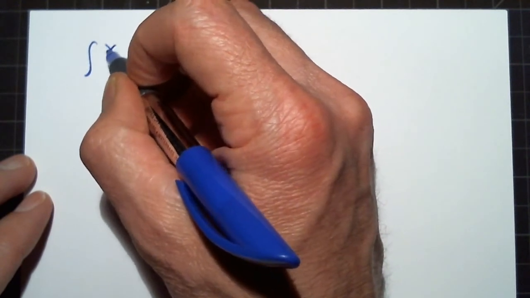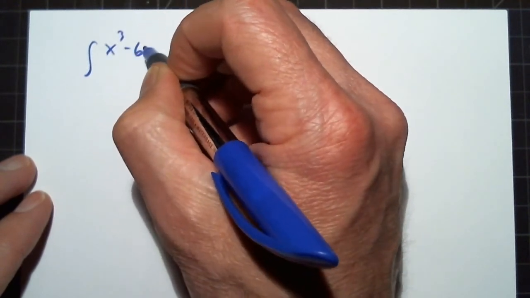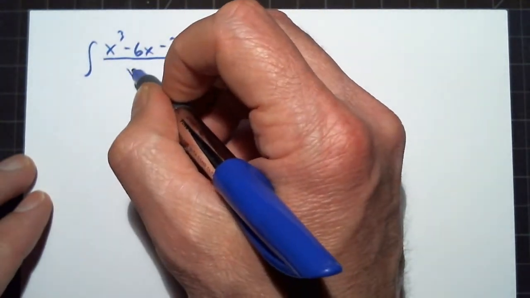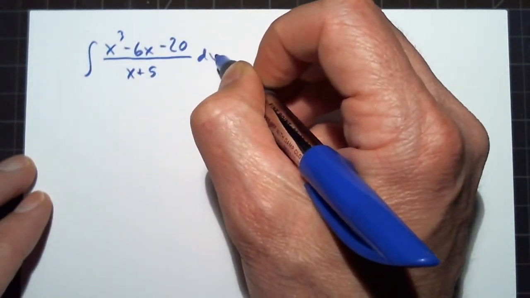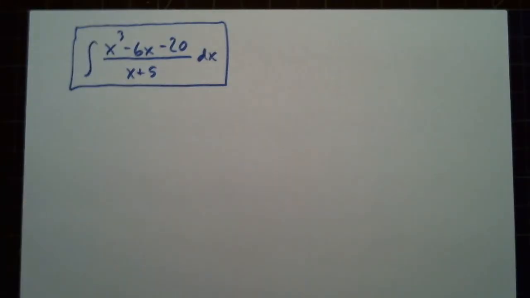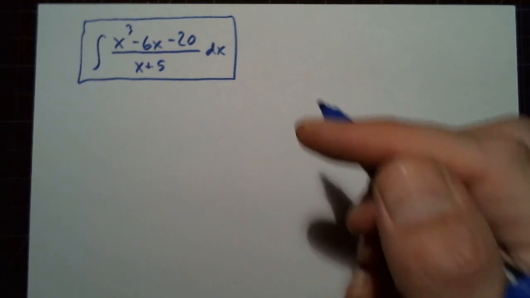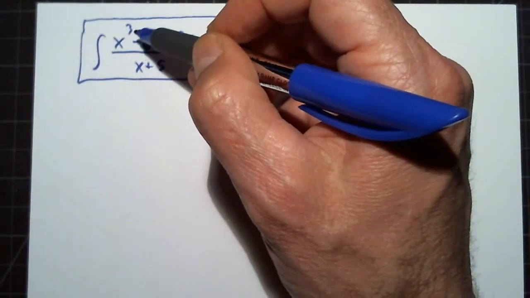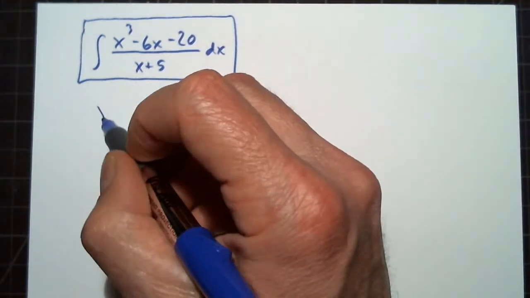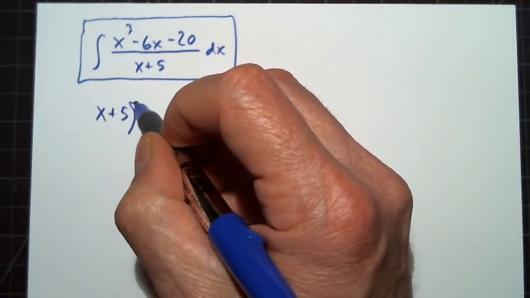Here's another type of question that shows up with natural log. This is where the numerator has a higher degree than the denominator. So before we integrate, we have to do long division.